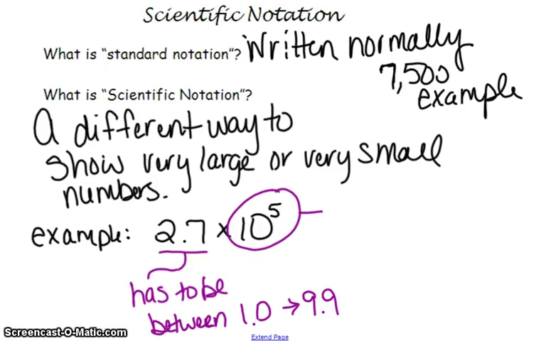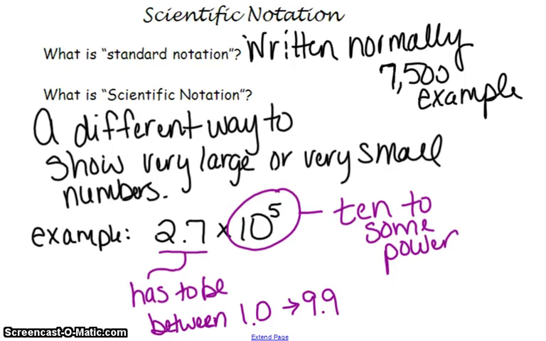This number is always a 10 to some power. So the first number has to be between 1 and 9.9. Second number is always 10 to some power, and there's always multiplication in the middle. That says multiplication.